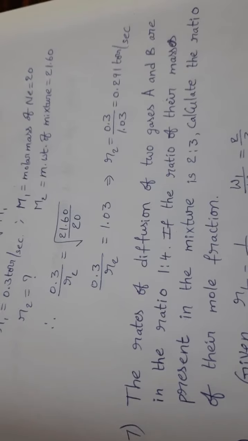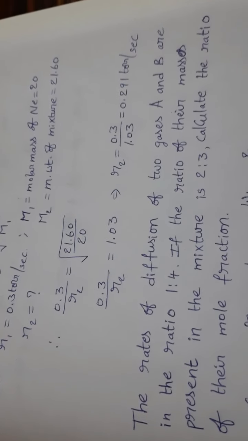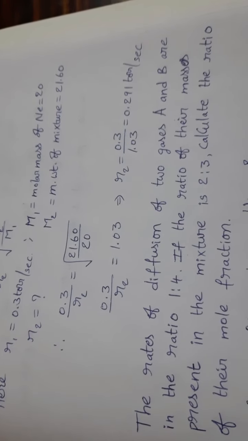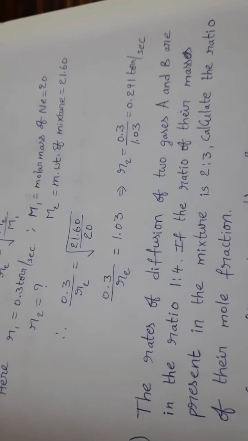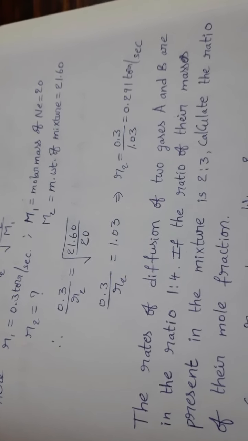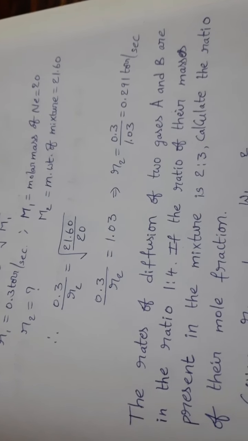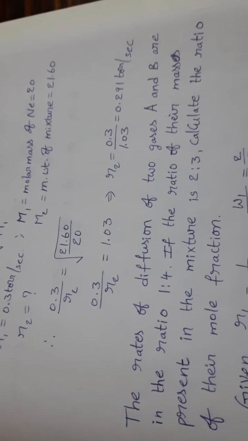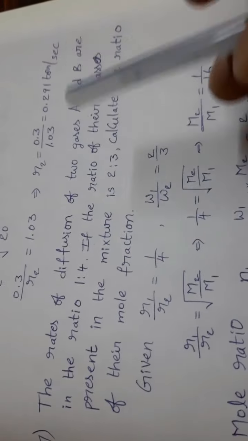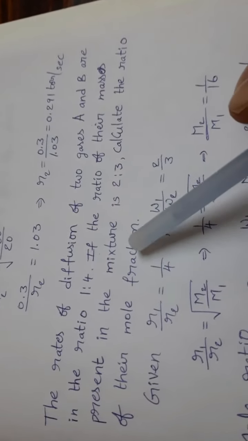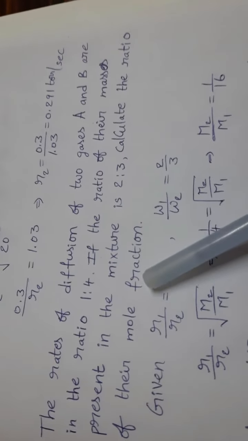Next, the rates of diffusion of two gases A and B are in the ratio 1:4. If the ratio of their masses present in the mixture is 2:3, calculate the ratio of their mole fraction. We should find out the ratio of their moles, not mole fraction here.